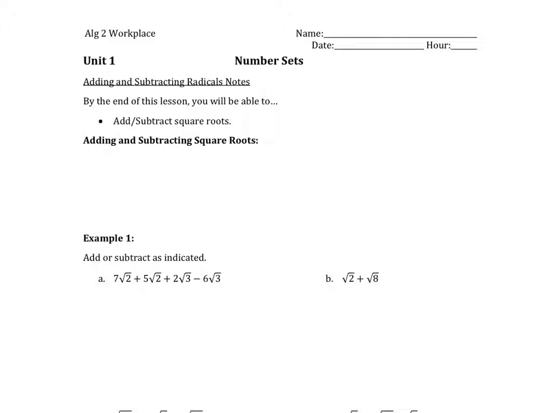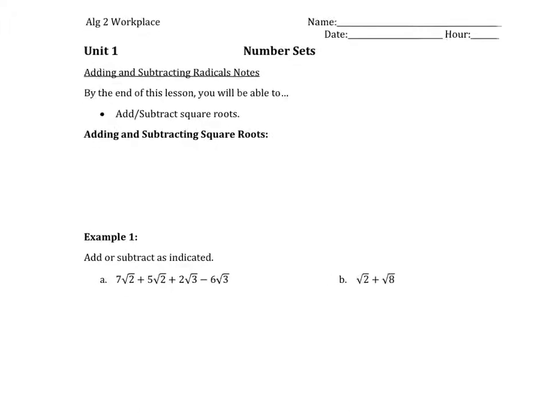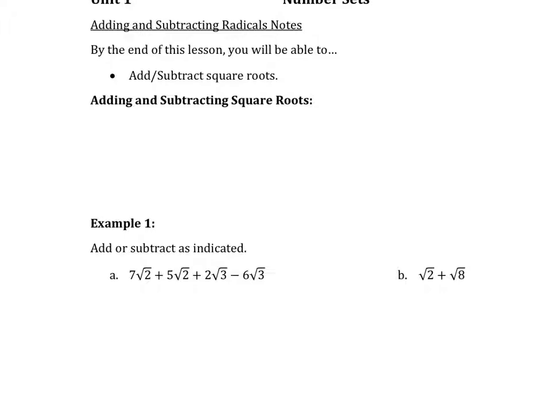With adding and subtracting, however, it's similar to how we add and subtract fractions, where we had to find a common denominator in order to add or subtract. With adding and subtracting square roots, we have to find a common number under the square root, or a common radicand.